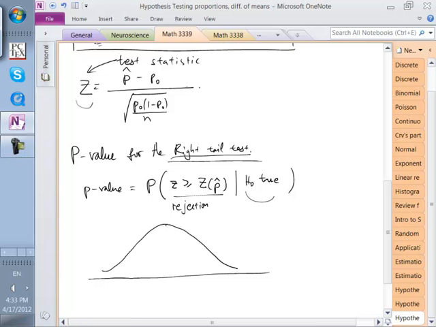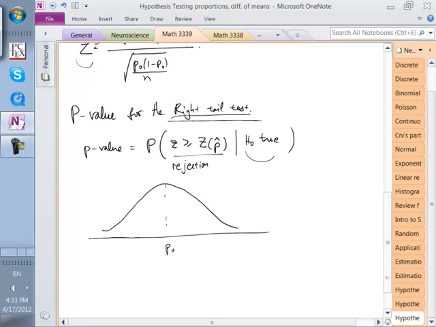And graphically, this would appear to be the following. With the approximation, we're in the standard normal regime. So here is 0. That's the bell curve of the standard normal.